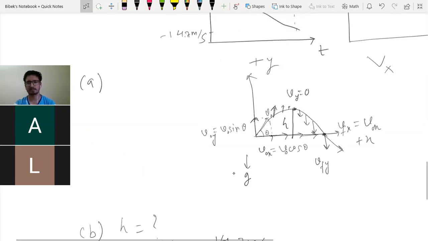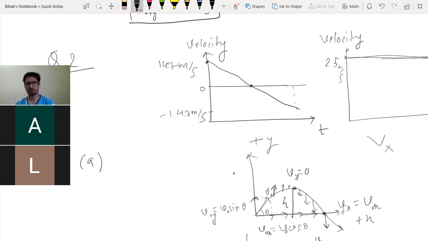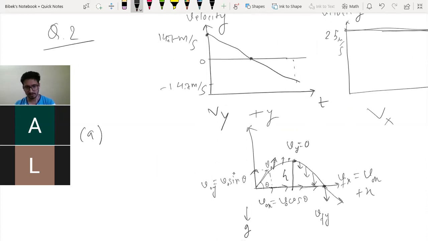Because if you look at the plot here, the projectile started with 14.7 meters per second as the y component, and for x it was 25 meters per second. So if you label here, this has to be 14.7 meters per second, and this has to be 25 meters per second.